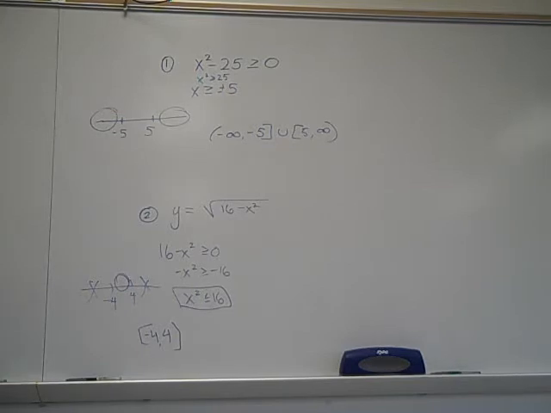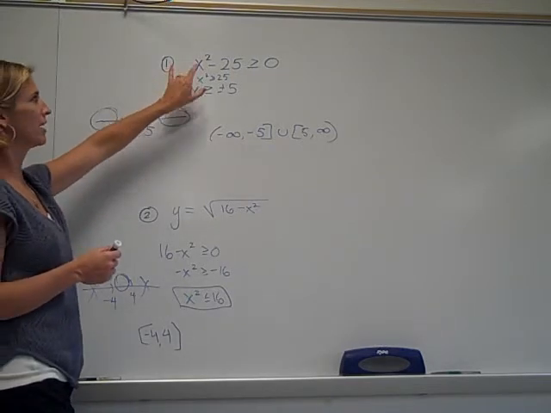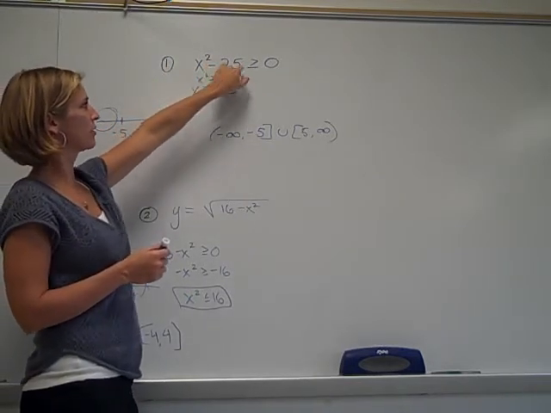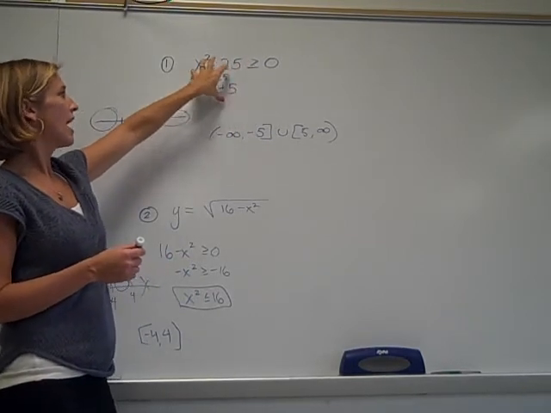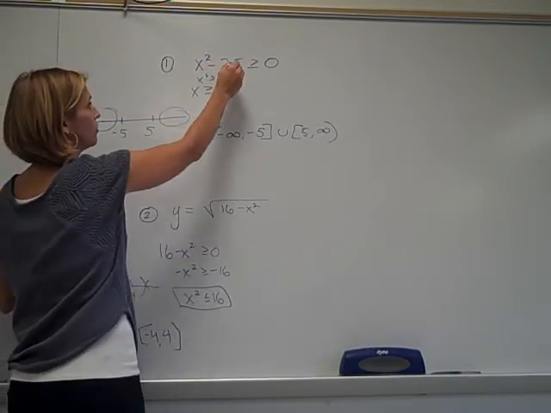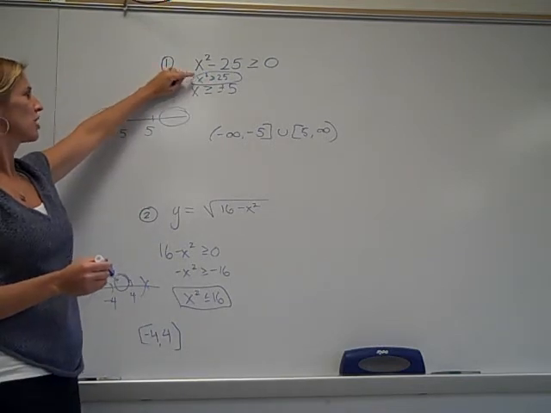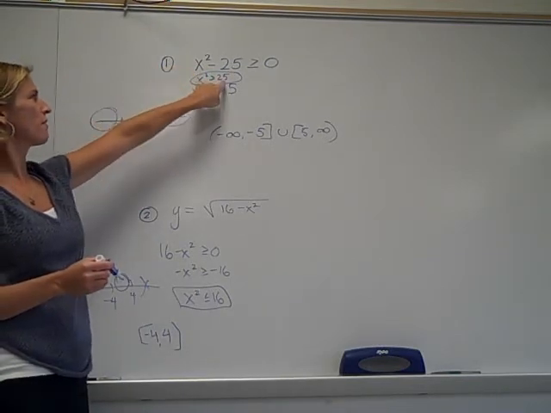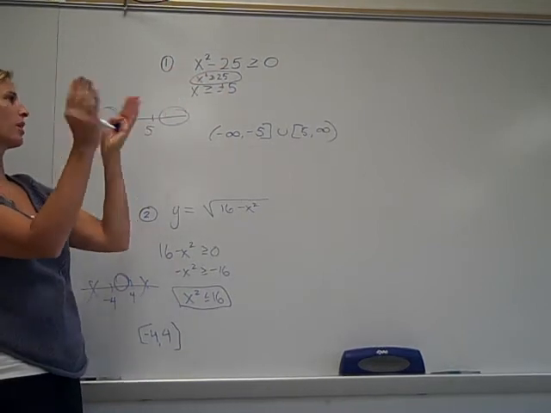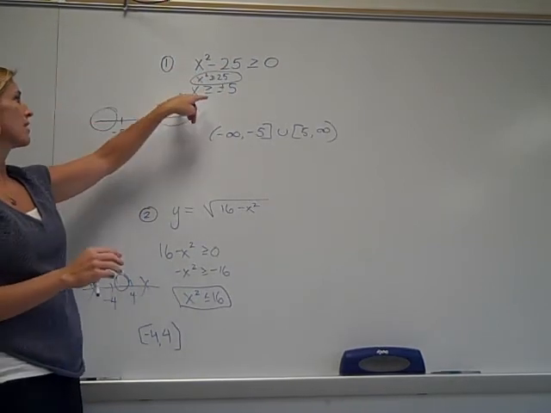Whenever there's an x squared underneath your square root, I need to stop and think about it. The thing under the square root has to be bigger than 0, and I solve it algebraically. I know that 5 and -5 are the places I need to look at.